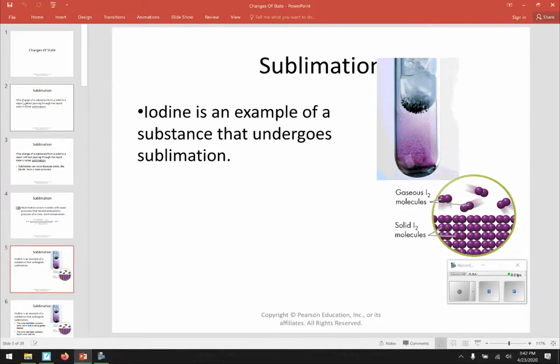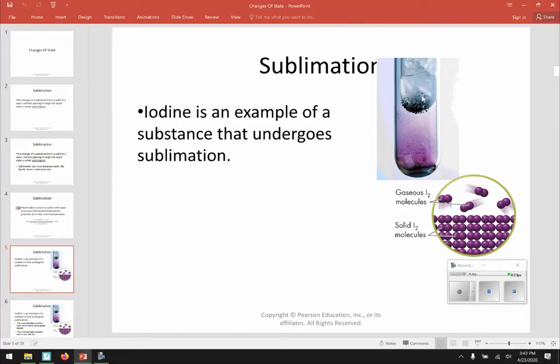This is a picture where you can actually see sublimation. I'm afraid I couldn't do this in the lab, but here we have iodine being heated up. Iodine's pretty cool because it makes a purple gas. It is one of those things, though, if you see a colored gas, you probably want to run the other way. Iodine gas is like chlorine gas. It's pretty bad for you, but in a small quantity, you can do it safely in a lab setting. If you heat up iodine crystals, they turn into a gas, which is what you see here.